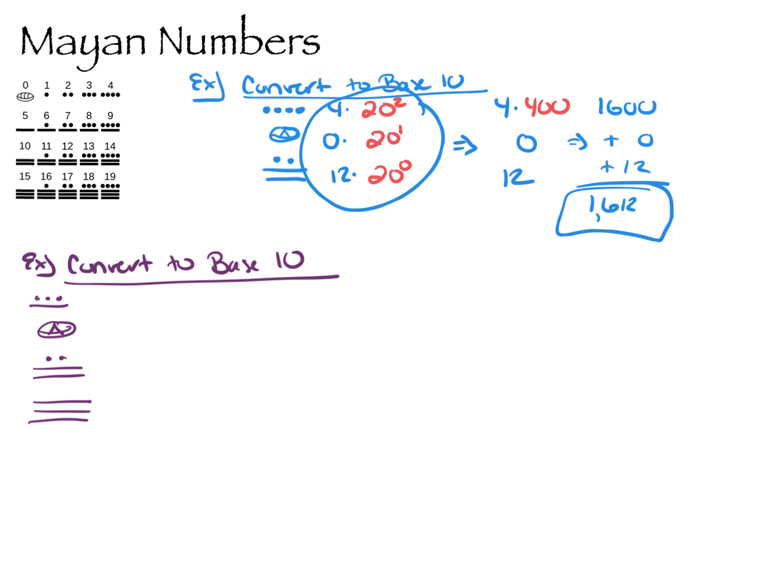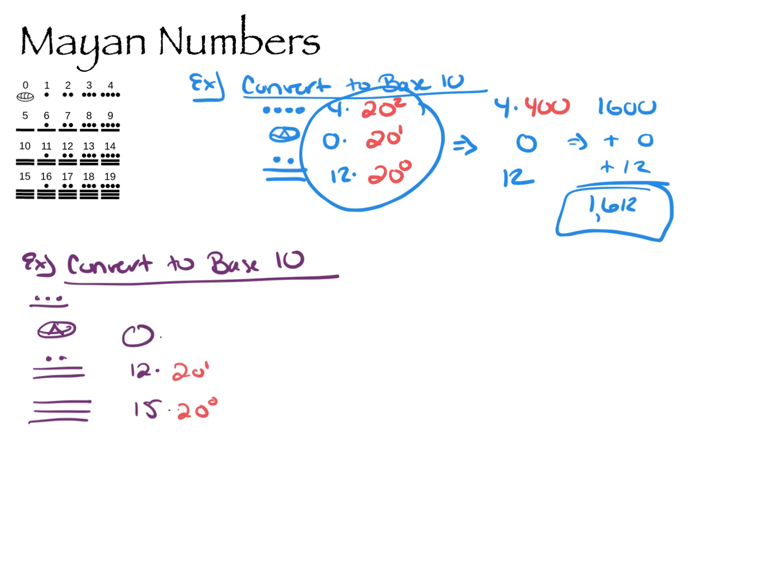Okay, so remember, good idea to start at the bottom. In this case, we have the bars represent 5. So 5, 10, 15, 20 to the zeros. Then going up 1, we have 5, 10, 11, 12, 20 to the ones.